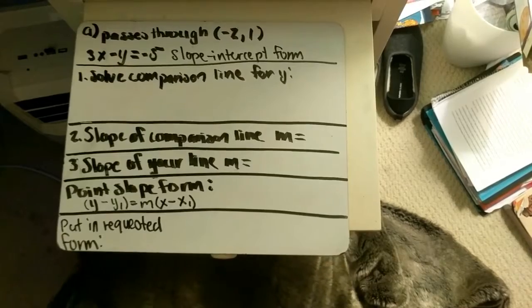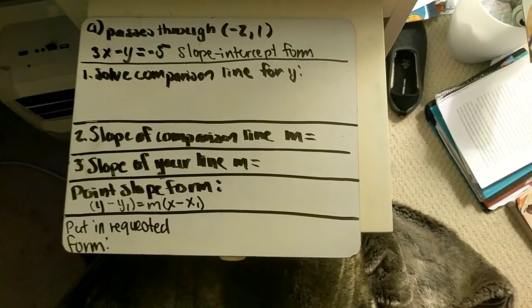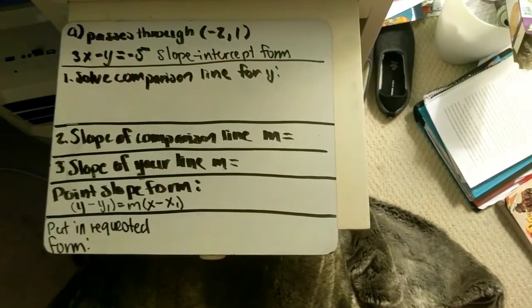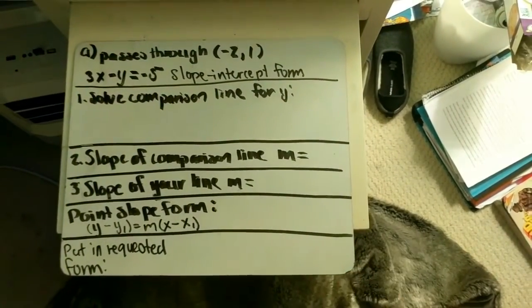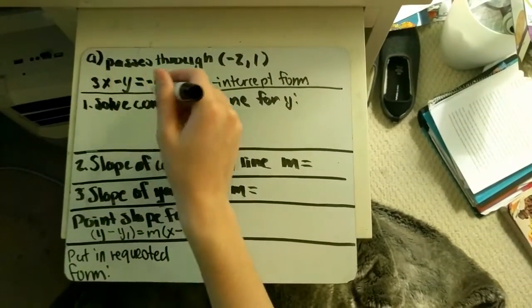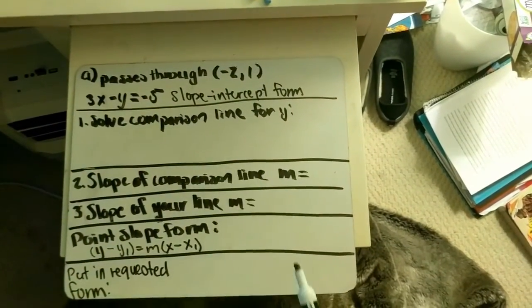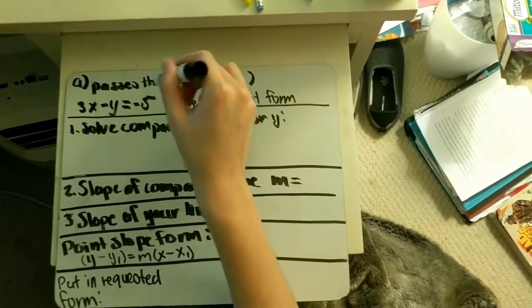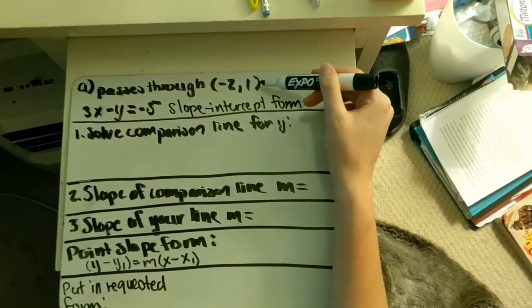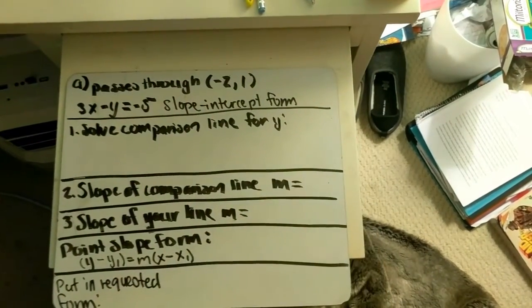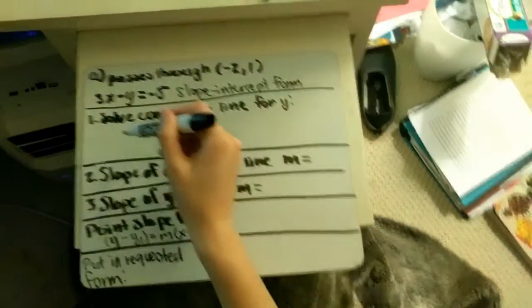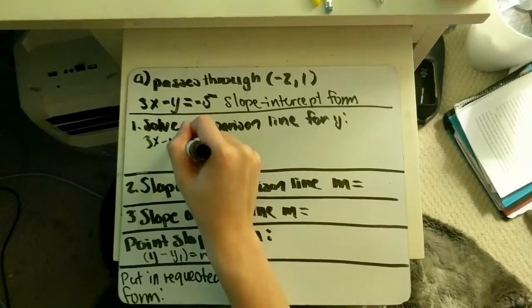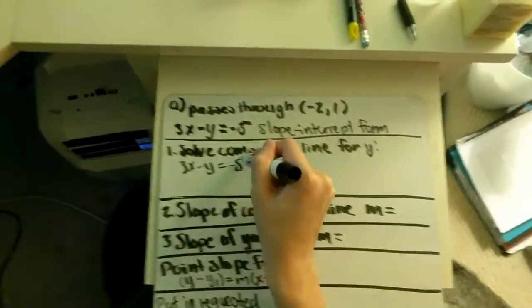Now we're going to solve some equations, by writing each equation in its requested form. Here we have an equation, 3x minus y is equal to -5. The comparison line passes through the point (-2, 1). So, we will solve for y. 3x minus y is equal to -5.